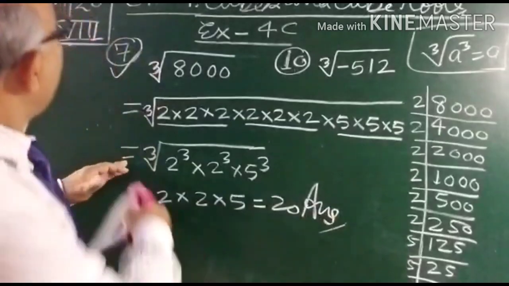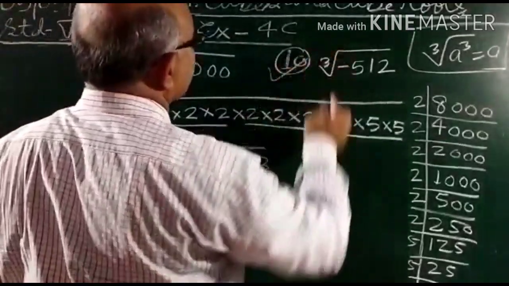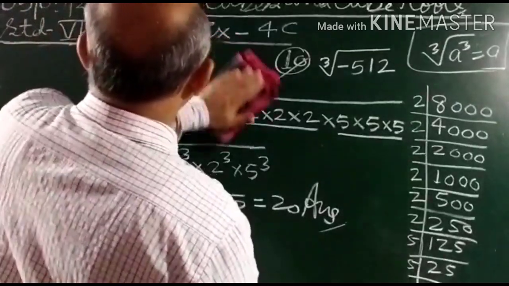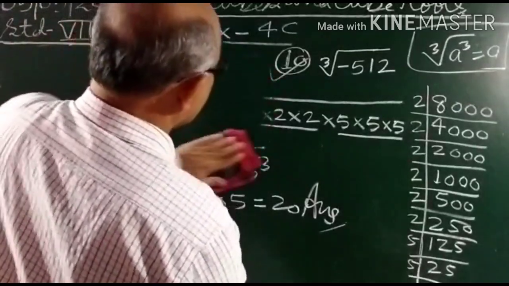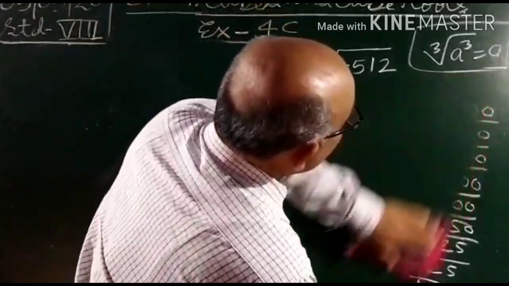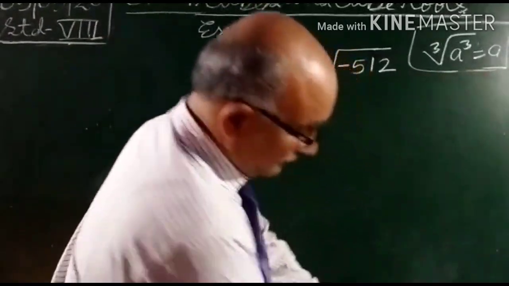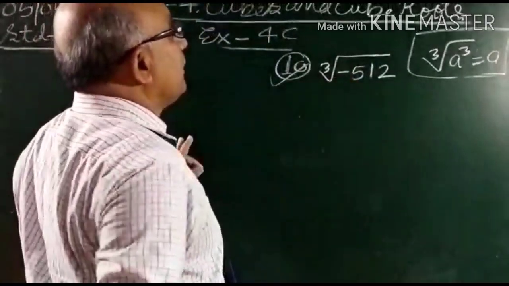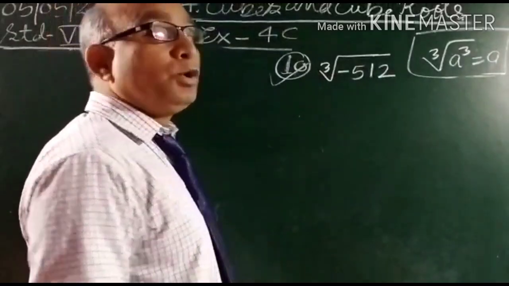Now write it, and the next problem is question number 10. Question number 10 is cube root of minus 512.